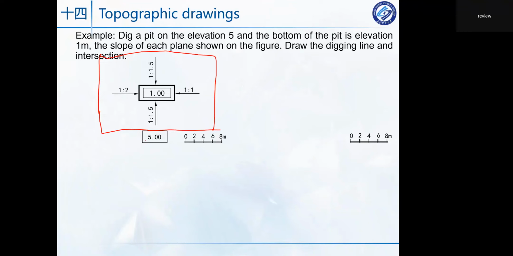So do you have any problem? If you finished, you can send it to me. I will check it and I will let you know how many scores you will get on this question.